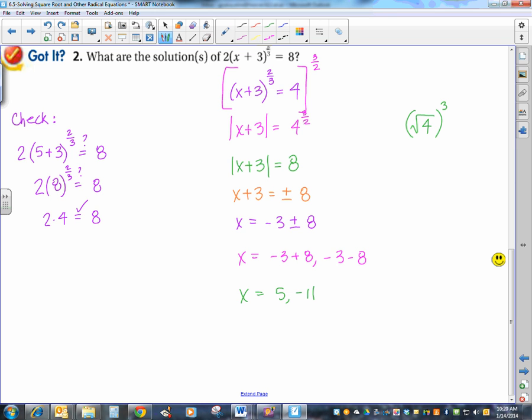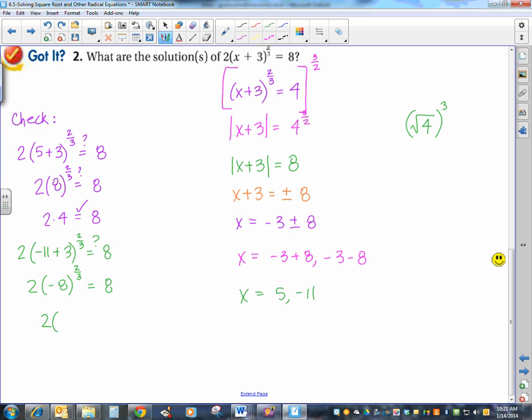On the second one, let's go with 2 times negative 11 plus 3 raised to the 2/3. Does that equal 8? Okay, that's 2 times negative 8 raised to the 2/3.